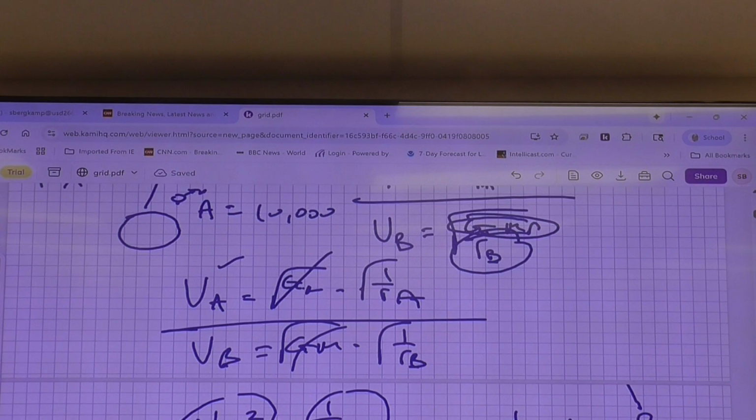Yeah, the velocity is going to be slower because with B, you're dividing by a bigger number. So that radius is bigger. So your velocity of B has to be less than the 10,000 meters per second that it is for A. If you do this and you get a number bigger than 10,000, you have done something horribly wrong.